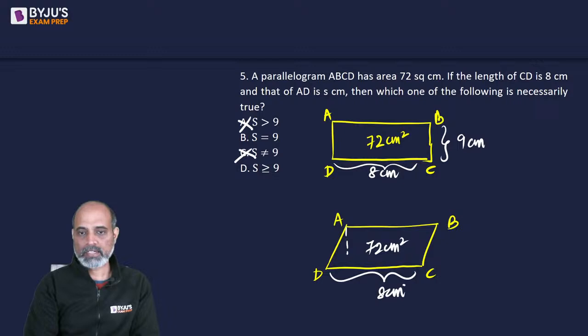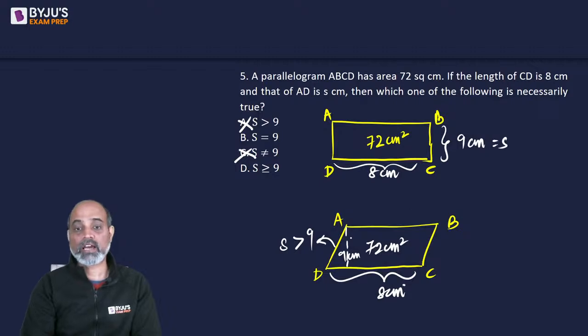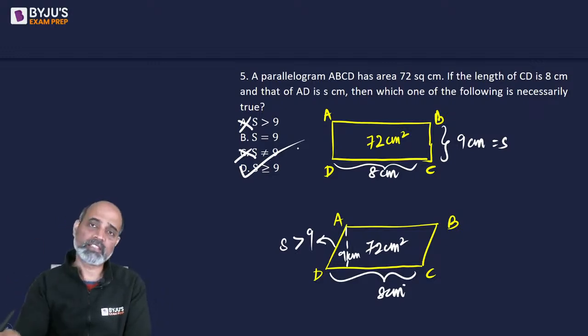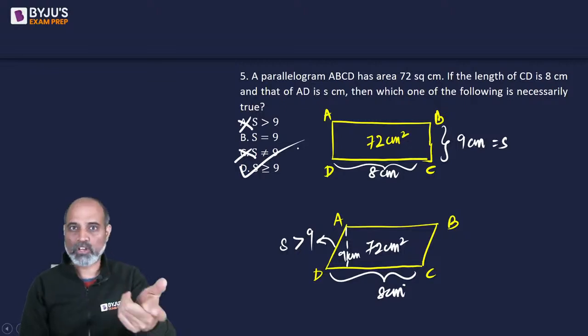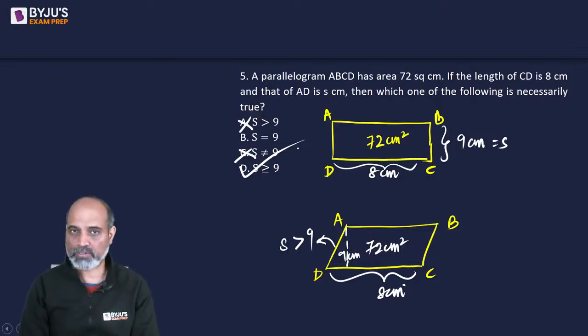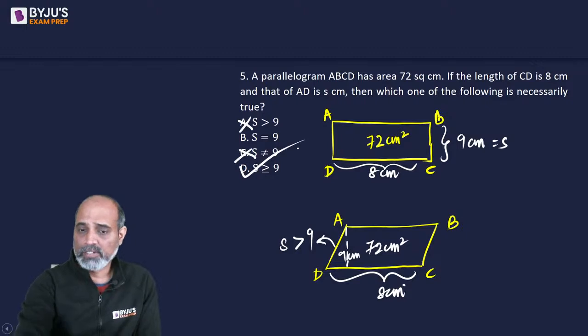And the height is anyways going to be 9 centimeters. So if the height is 9, the slant side is definitely going to be greater than 9. So the side S is going to be 9, or it can be more than 9. So only D makes sense. It's not necessary that the other side has to be 9. Do not be worried about 8 being smaller than 9 the way the figure is drawn. It doesn't matter.